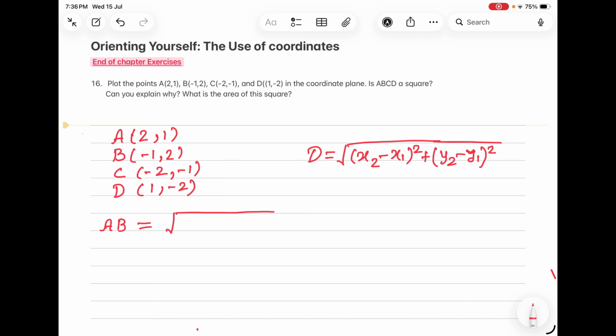Using this formula, AB is (-1 minus 2) whole square plus (2 minus 1) whole square, equals (-3) whole square 9 plus 1 square 1. So it equals square root of 10 units.